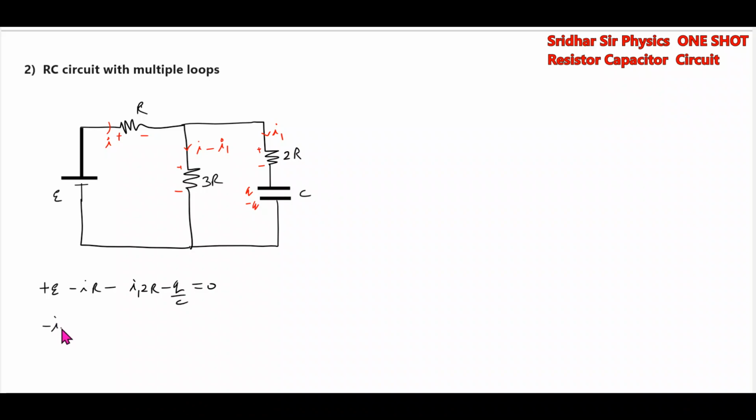Then minus I1 into 2R minus Q by C plus 3R into I minus I1. Then one more loop equation: plus E minus IR minus 3R into I minus I1. Solving this, we'll get the required answer. And what is I1? I1 equals dq by dt. Why plus? Because the charge across the capacitor is increasing.